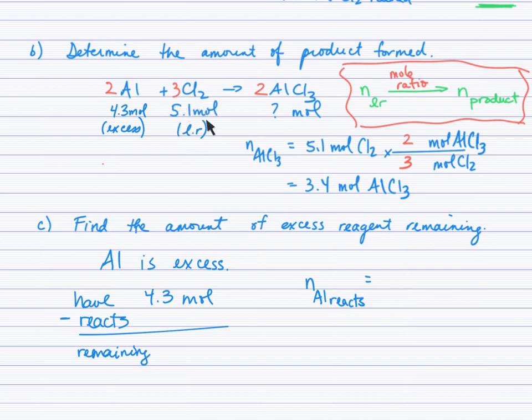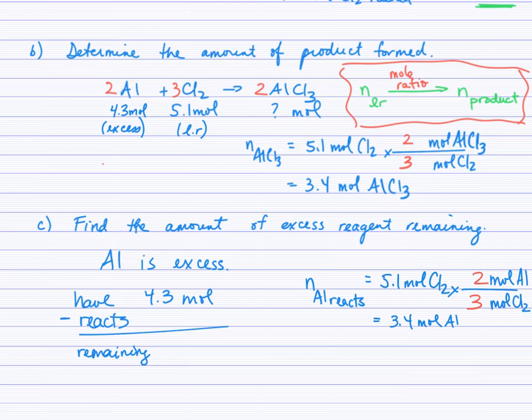Remember, this is limiting, so it all reacts. So we'll take the 5.1 moles of the chlorine and use the mole ratio to go from chlorine to aluminum, switch or write our coefficients here, and finish up with 3.4 moles of aluminum.